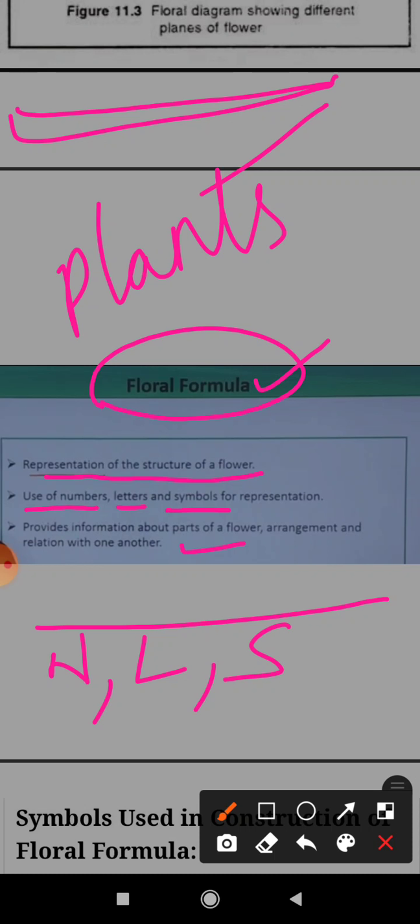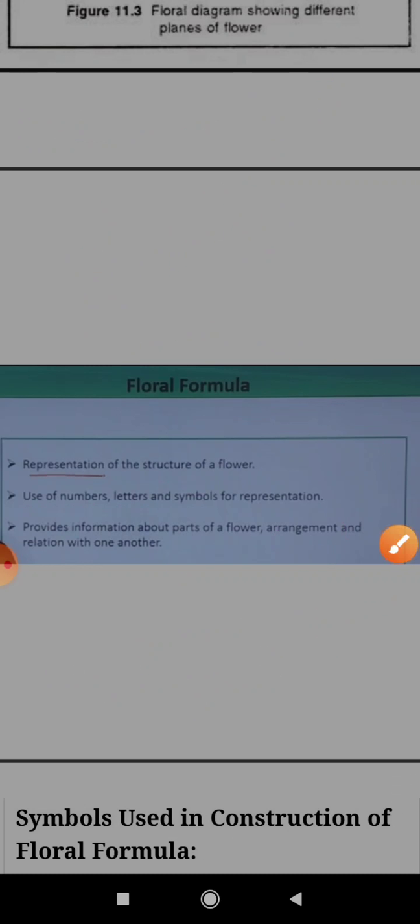And whether the stamens are fused with the petals or they are fused with the perianth, etc. So all the parts of the flower are represented in that whole formula, and of course the arrangement is also given over there, and what is the relation with one another. Now like I told you, if the stamen is fused with the petal, right, this relationship is also shown in the floral formula, right?